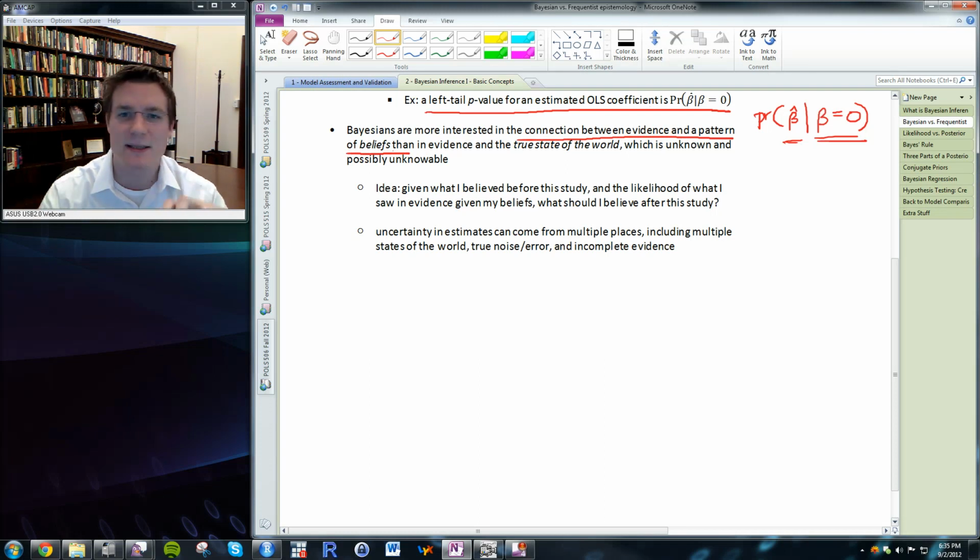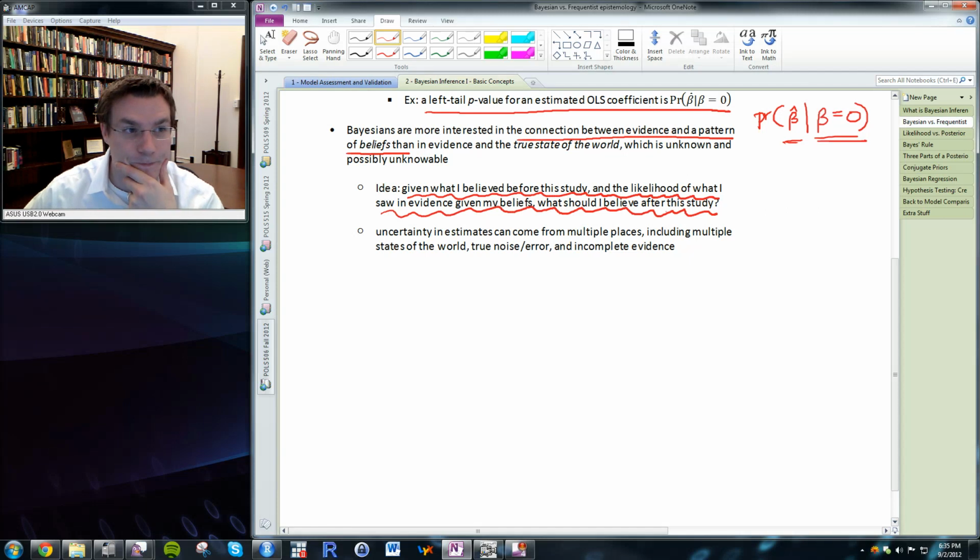Are these beliefs things that would be supported by, or coherent with, the relationships that I observe in the world? If so, great. If not, let's change our beliefs. That's the Bayesian perspective. So the fundamental question they're asking is, given what I believed before this study, and given what I saw in this study, what should I believe now?